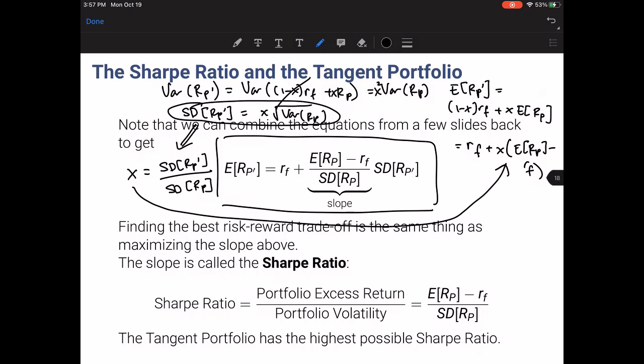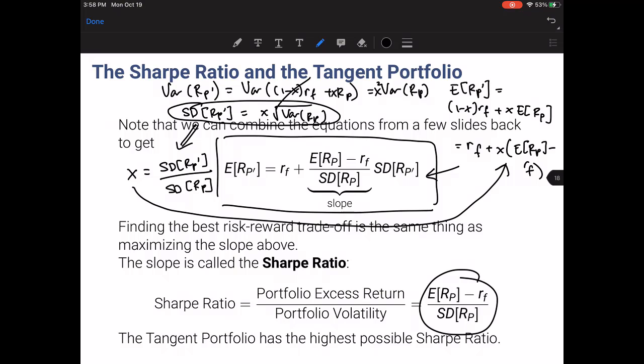Once you do that, we get this equation here. So in order to get the tangency portfolio, your goal would just be to maximize this.